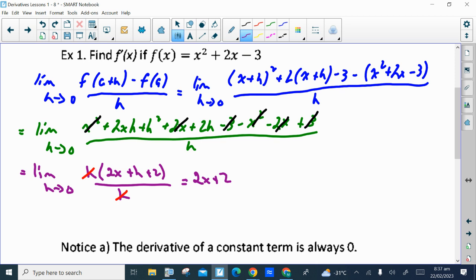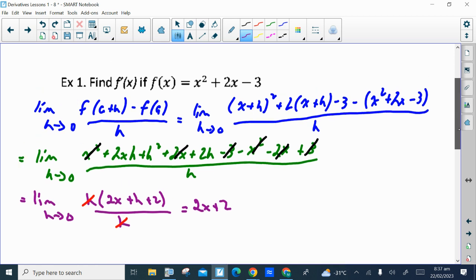So again, this would be an expression we could use to find the slope of the tangent at any point on the curve x squared plus 2x minus 3 by taking the x value from that point and subbing it in. But let's start looking at making some connections here.